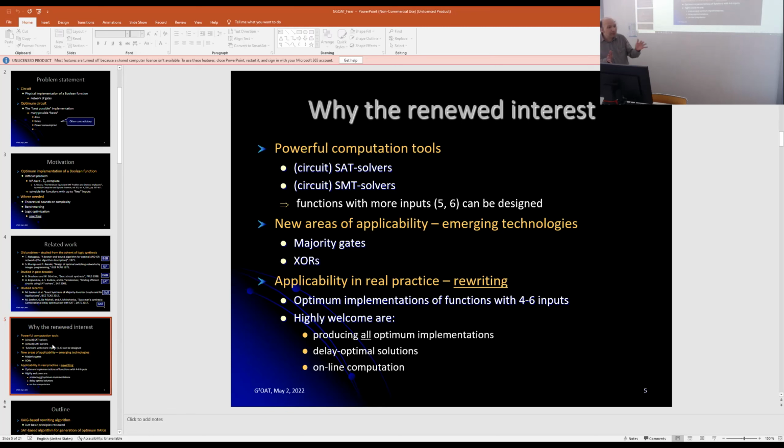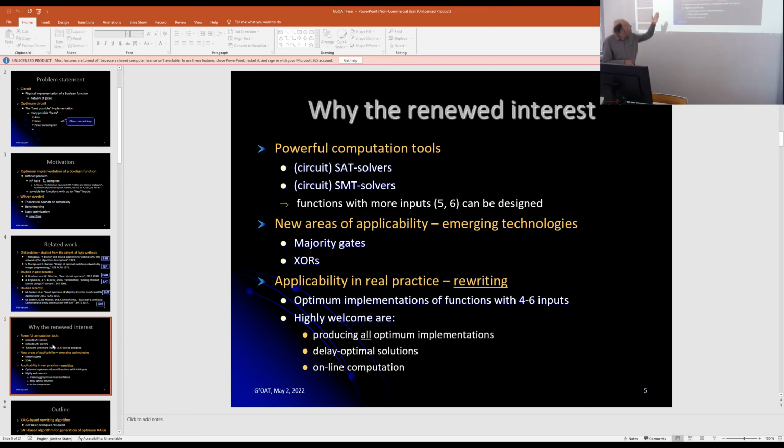Okay, so what I said before, new areas of application. Emerging technologies, like some technologies where the circuit is composed of majority gates, which are quite cheap, or XOR gates are becoming quite cheap as well. Again, different technologies.